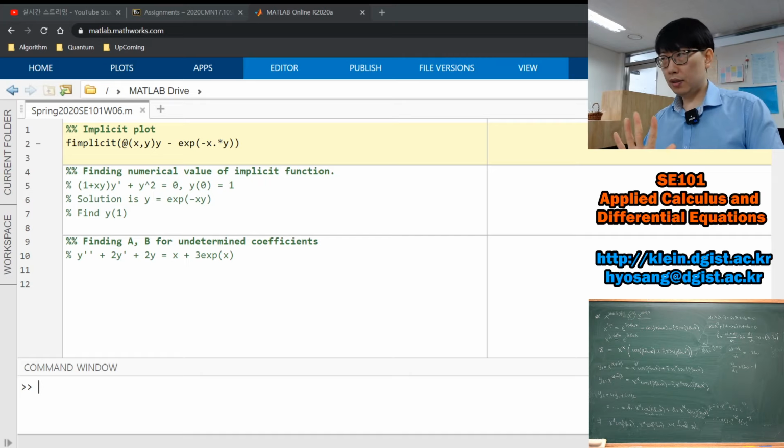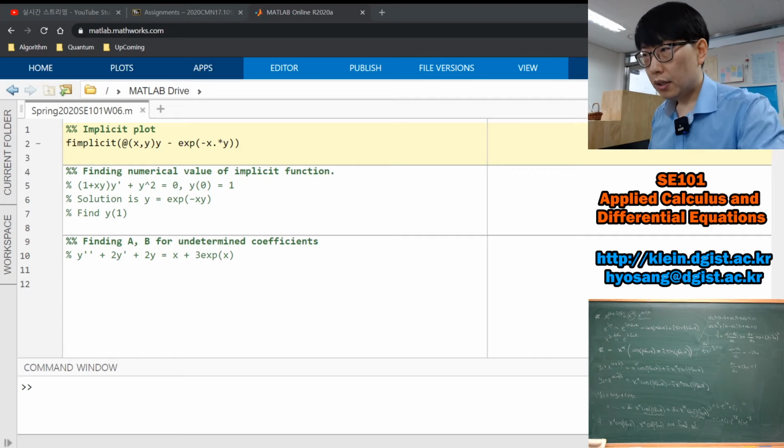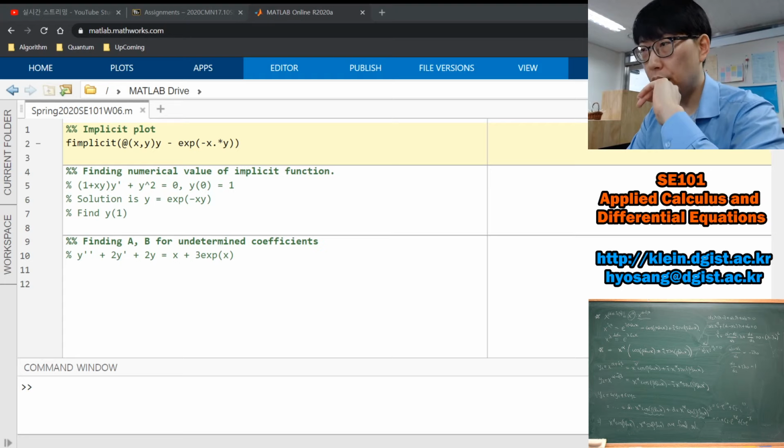First, let me show how to use MATLAB when we solve our differential equation. So, the easy part.